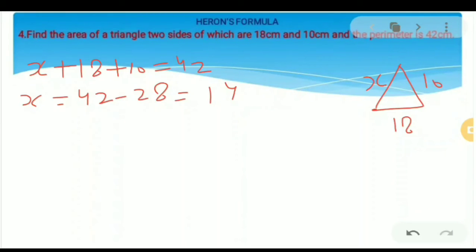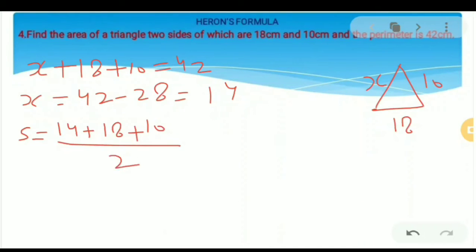Now we know all three sides of this triangle, so we can find its area by Heron's formula. First of all, let me find the semi perimeter. It will be 14 plus 18 plus 10 upon 2, so it will be 42 by 2, that is 21. So our semi perimeter is 21.